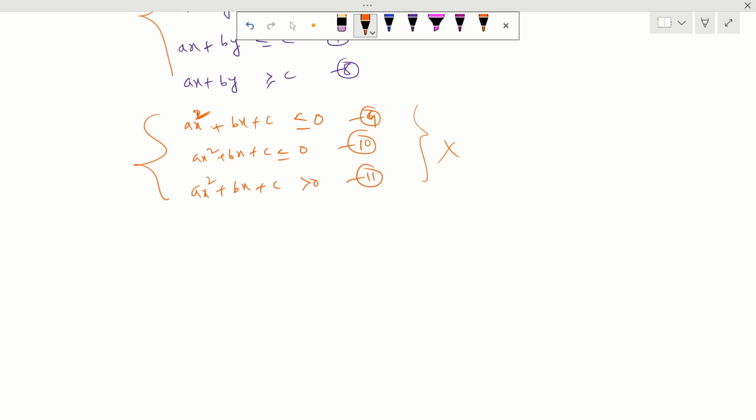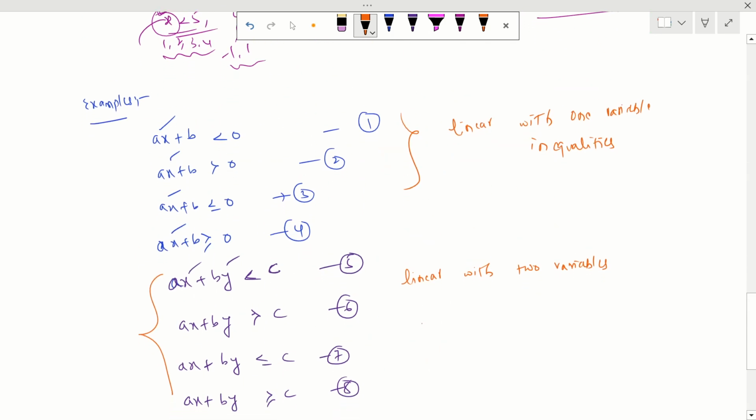And now, these symbols, when we are having greater than, less than, these are called strict inequalities. Only one condition is there.